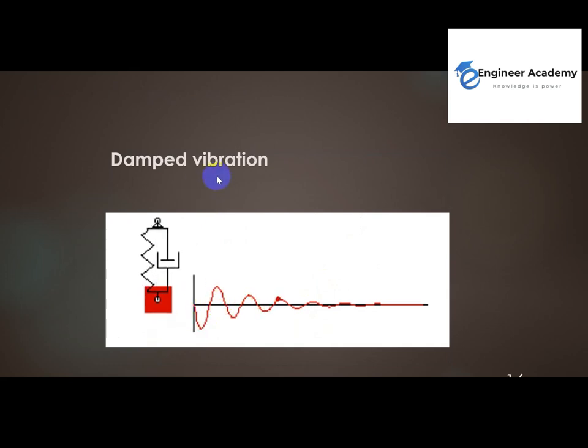The final one is damped vibration, the third type of vibration. That is where you already have vibration, but you add something to damp this vibration. Exactly like in a car.